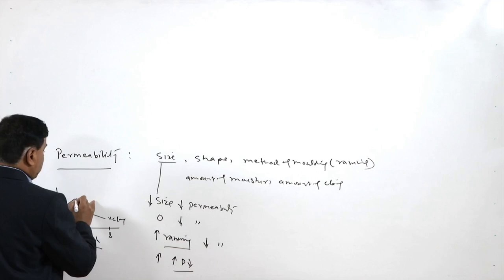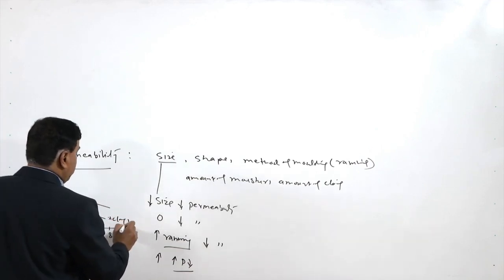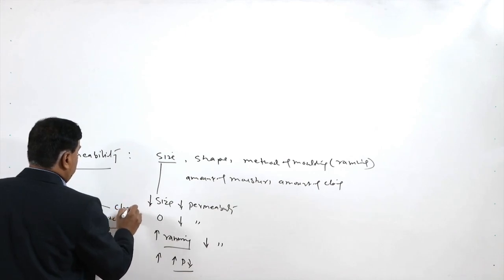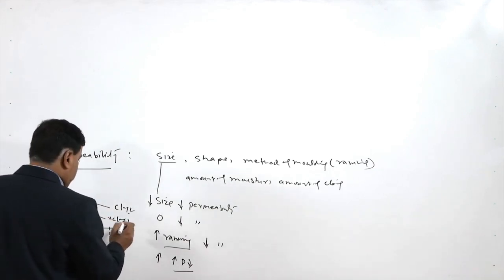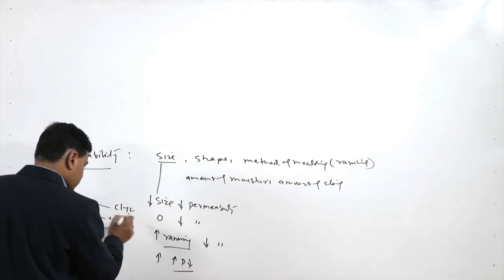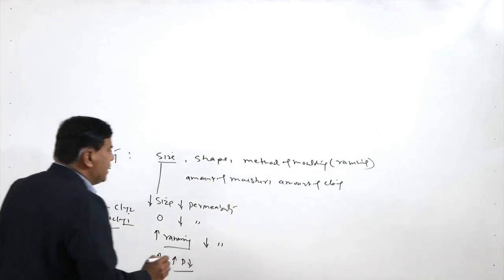Higher the amount of the clay, here we have clay percentage 1 and clay percentage 2. So, the clay amount also affects the permeability. Increased amount of the clay will lead to reduced permeability.